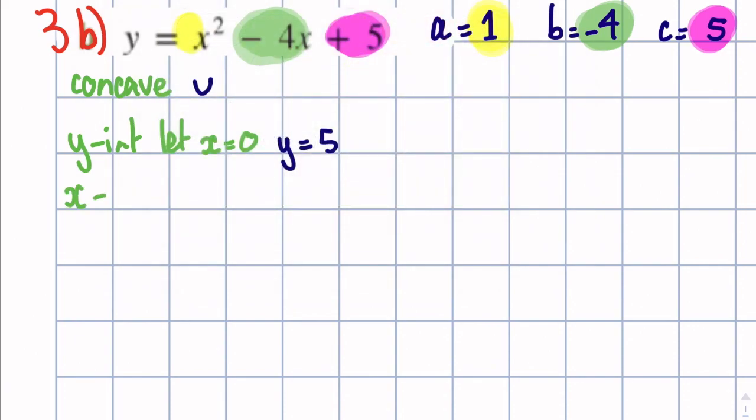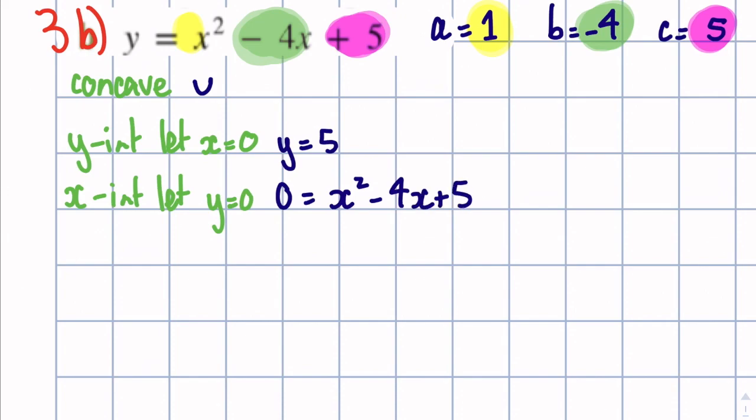Okay, and the x-intercept, let y equals 0. So here you might be able to factorise easily. This one we actually could factorise really easily, but we're going to do it using the quadratic formula. So we've got 0 equals x squared take 4x plus 5.